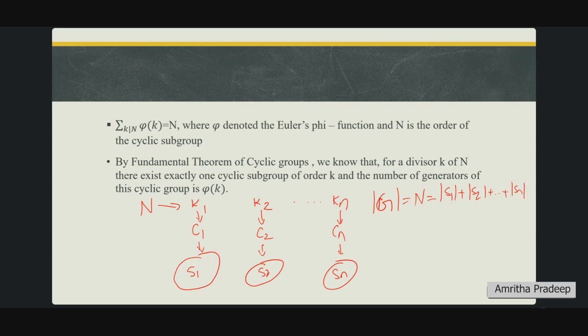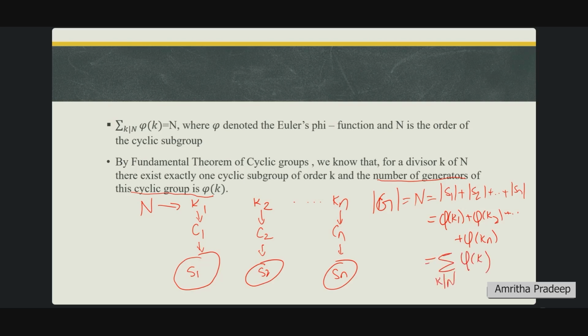What is the cardinality of S1? It is the set of all elements which generate C1, and that is given by phi of k. So this is phi of k1 plus phi of k2 and so on up to phi of kn, which is the summation over the divisors of n of phi of k.